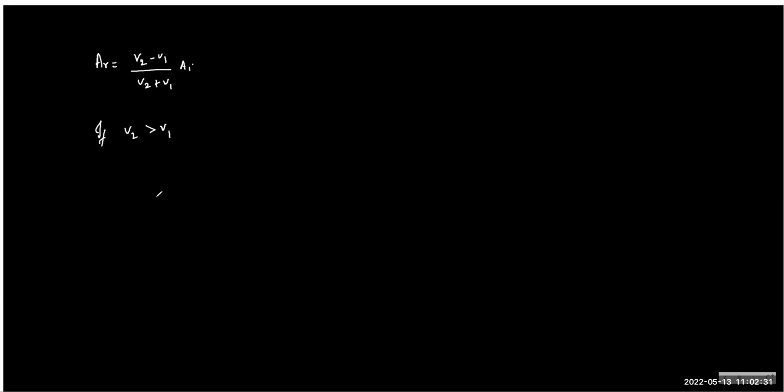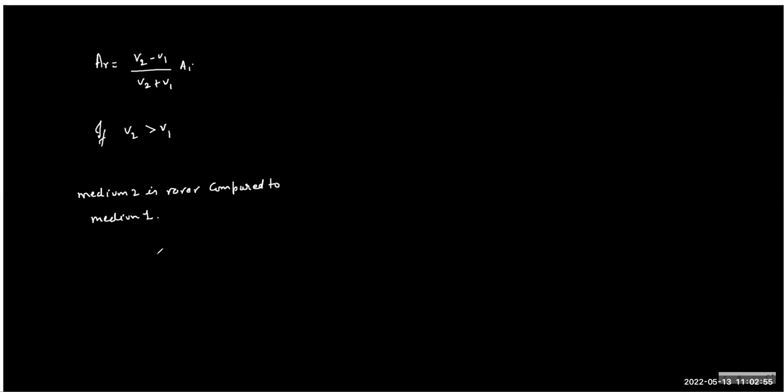If V2 is more than V1, what will happen? What does it mean? V2 being more than V1 means medium 2 is rarer compared to medium 1.